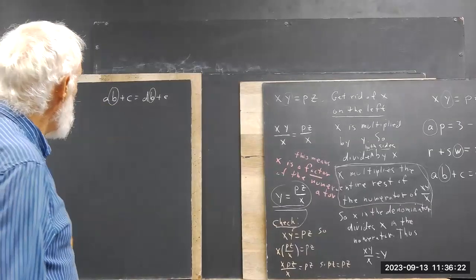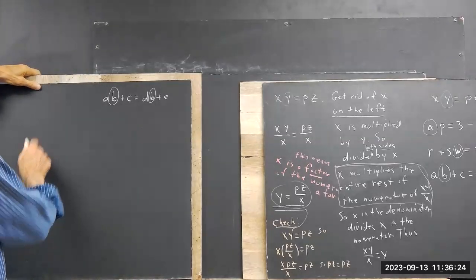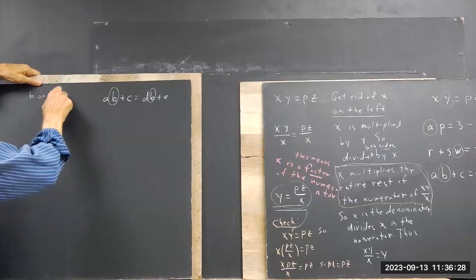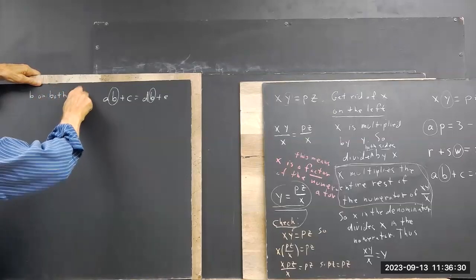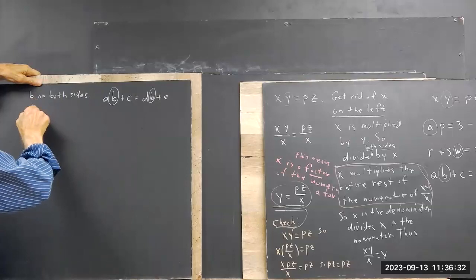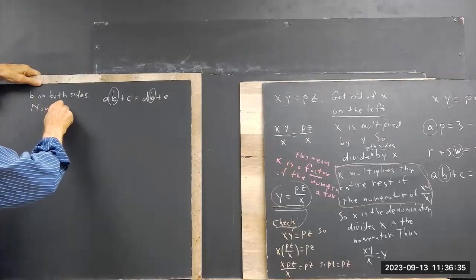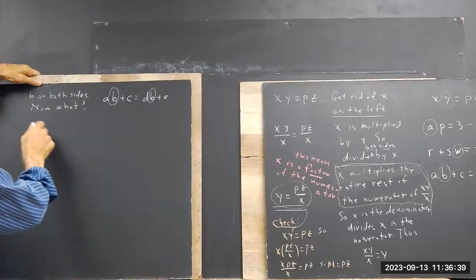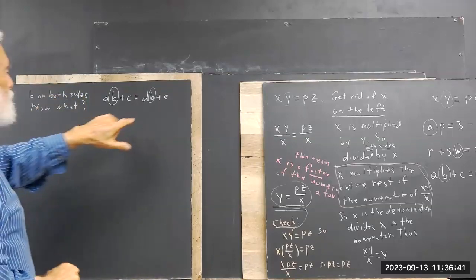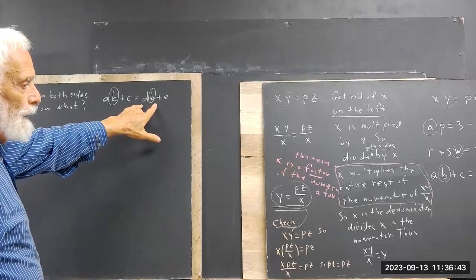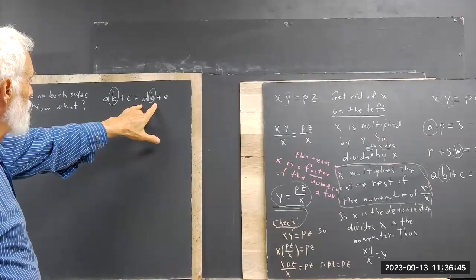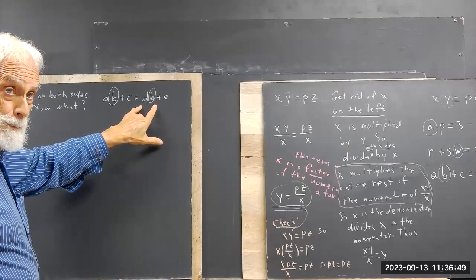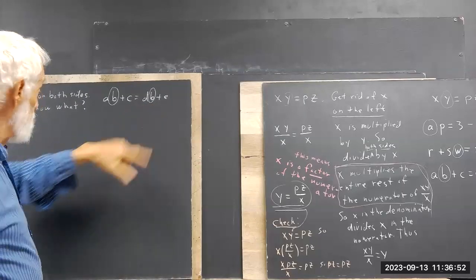I can get this B on this side if I subtract dB from both sides.